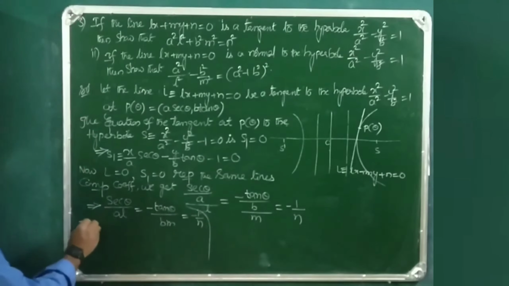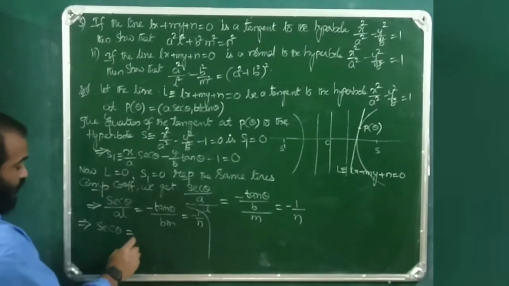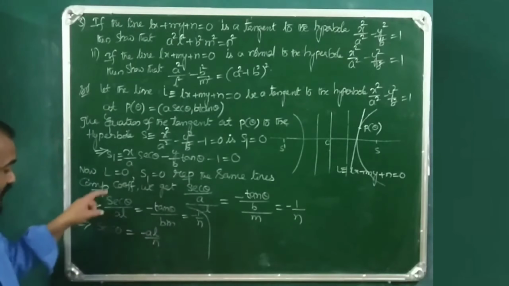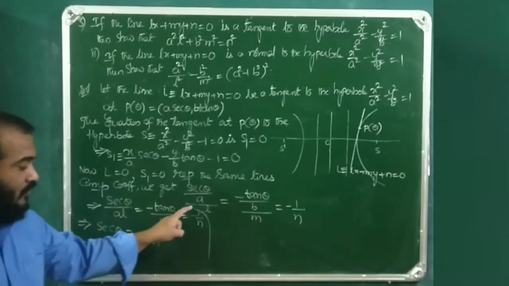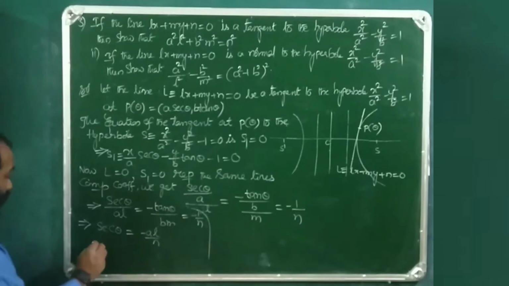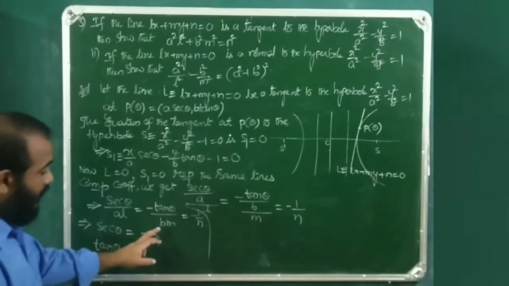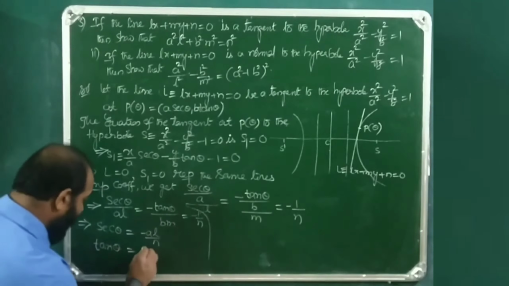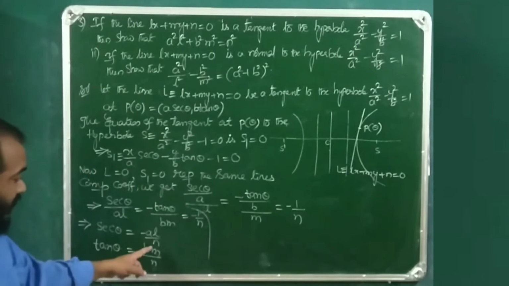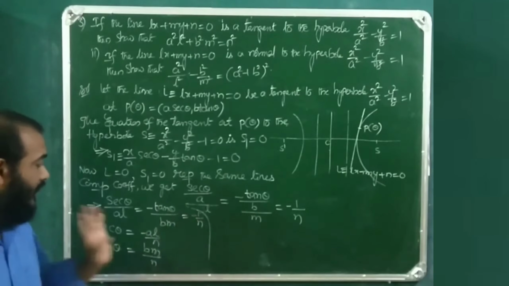From this, secant theta is equal to minus aL by n. Now tan theta is equal to, minus on both sides getting cancelled, bm by n.